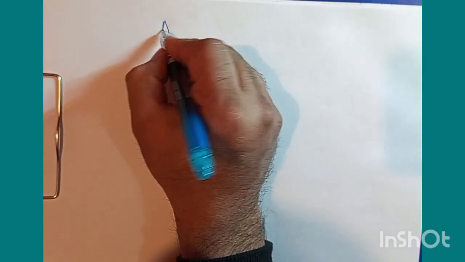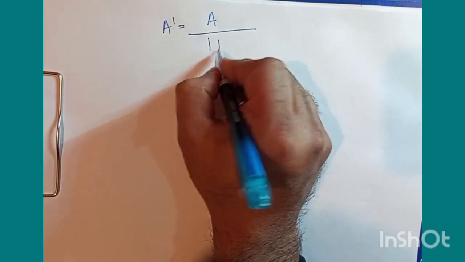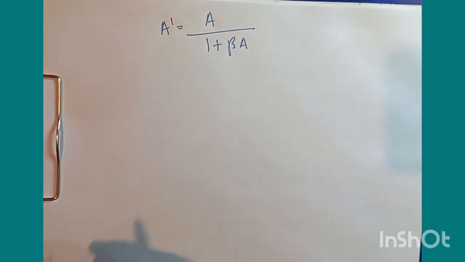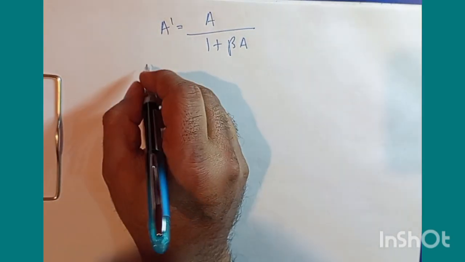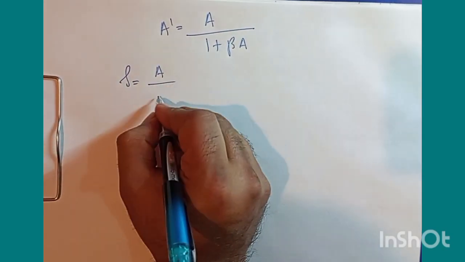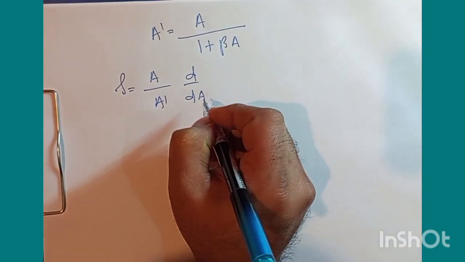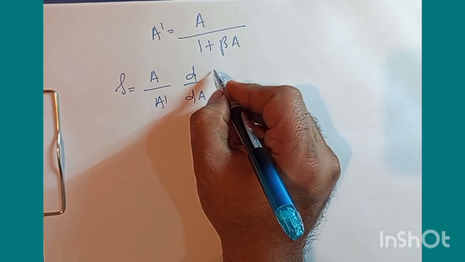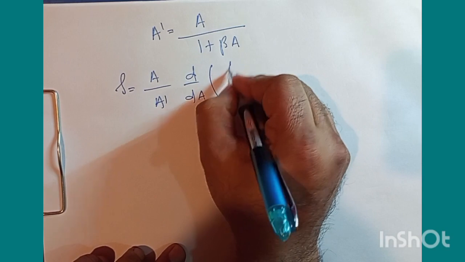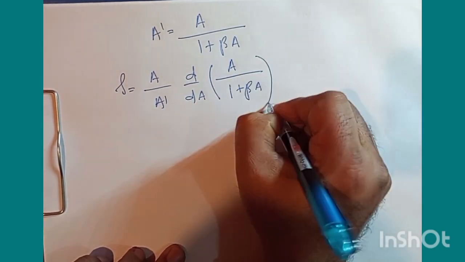That A dash is A divide by 1 plus beta A. So if I have to proceed from the previous equation, this sensitivity will be A by A dash, d by dA of A dash. So what is A dash? A dash is A by 1 plus beta A.